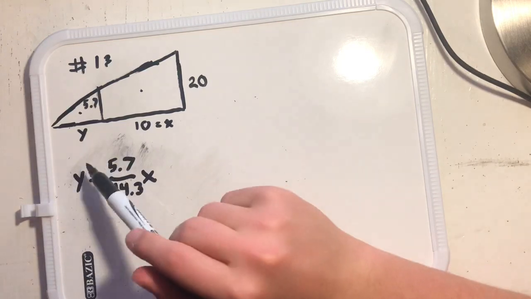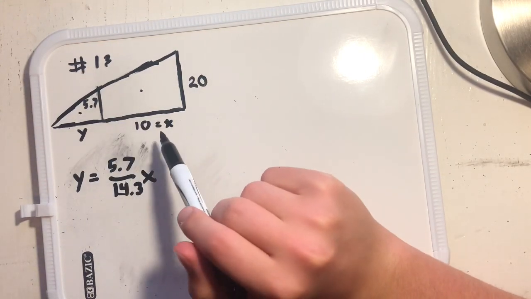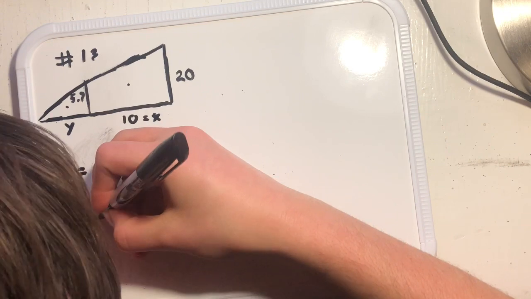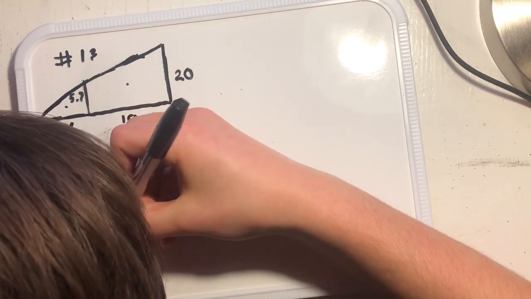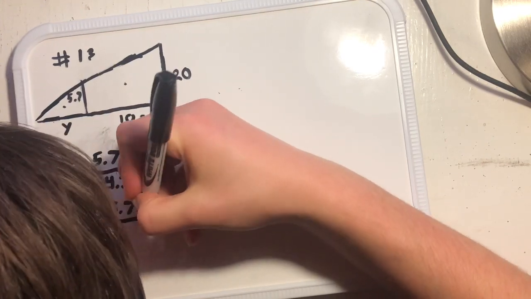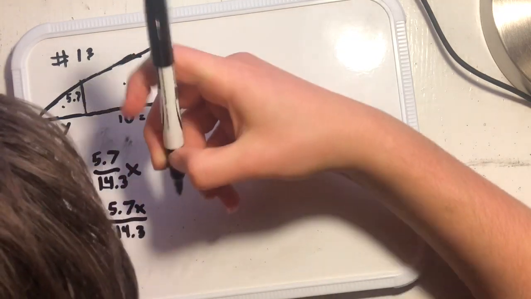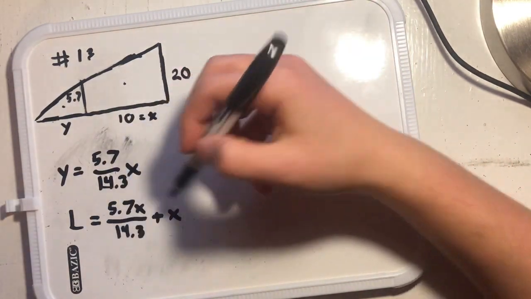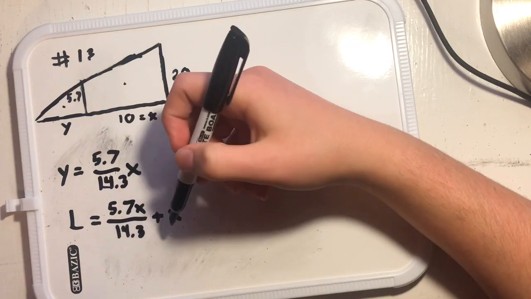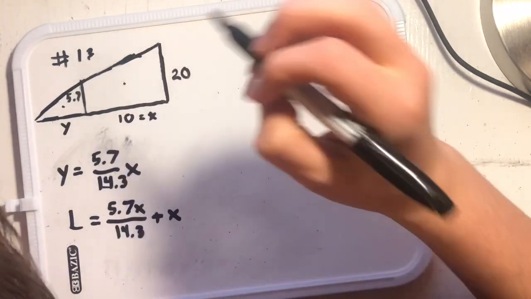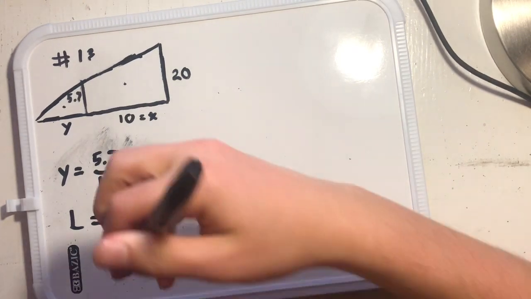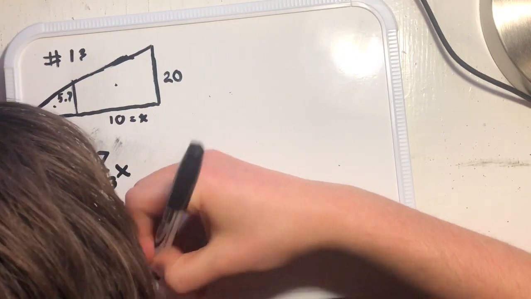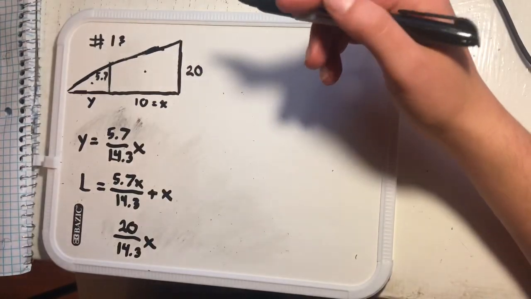How we know this is, since we know what y is equal to in proportion to x, we're going to call the entire length L, and I'm going to plug in y for 5.7x over 14.3 plus x. 5.7x over 14.3 plus x adds up to 20 over 14.3 x. Okay, now we're going to solve.